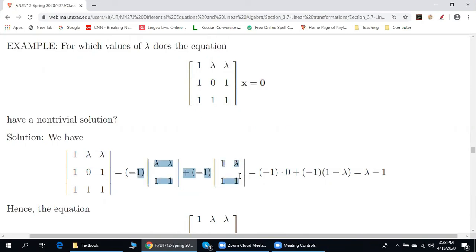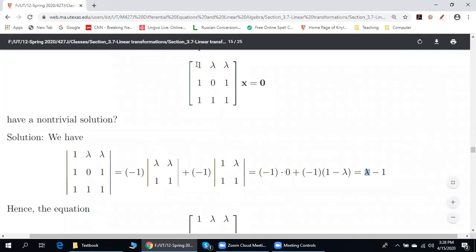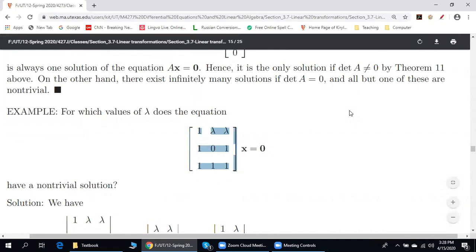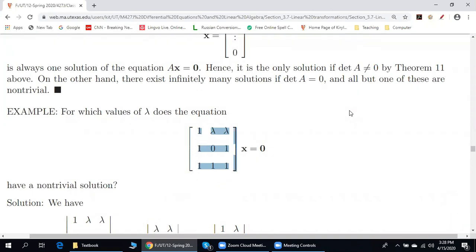Done. We simplify. The determinant is lambda minus 1. Lambda minus 1 is equal to 0 only if lambda is equal to 1. Conclusion: this homogeneous system has a non-trivial solution only if lambda is equal to 1. Folks, any questions here?